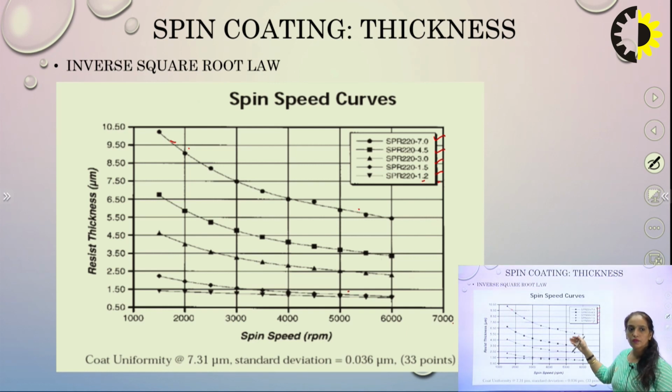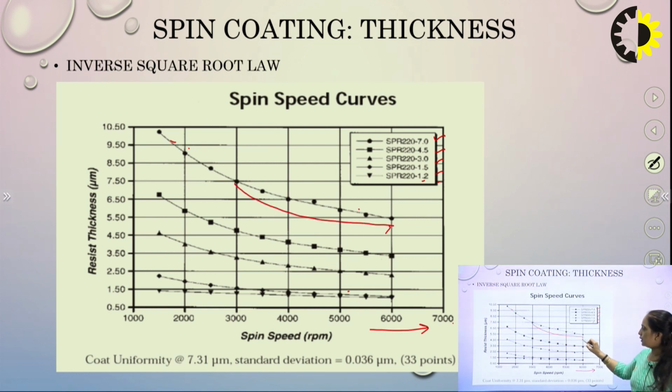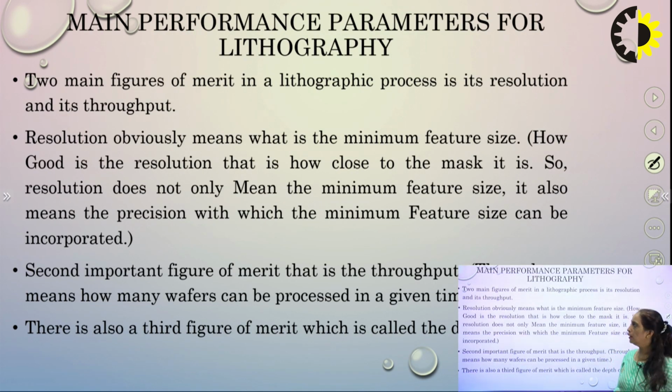These are the names of the different resist materials used in the semiconductor industry. If you increase the RPM, the thickness is reduced, and for each graph we can see that the thickness of the resist is reduced.